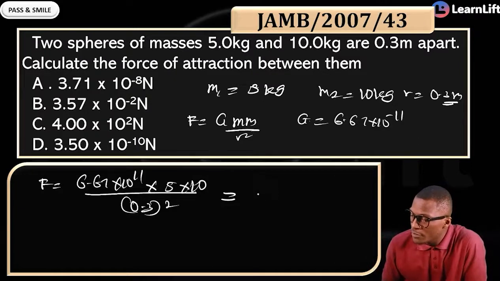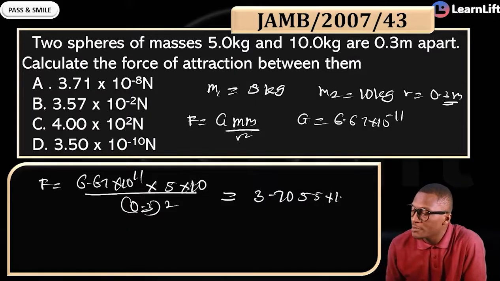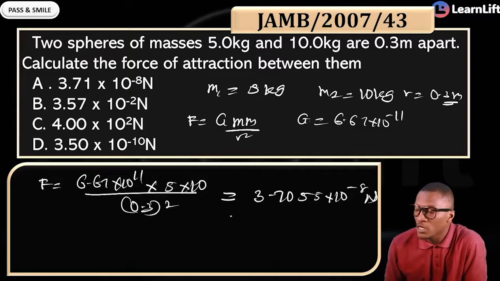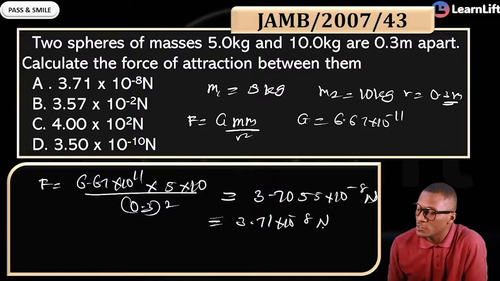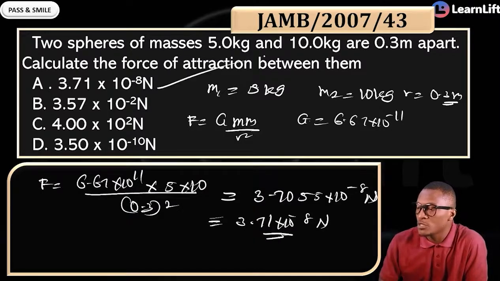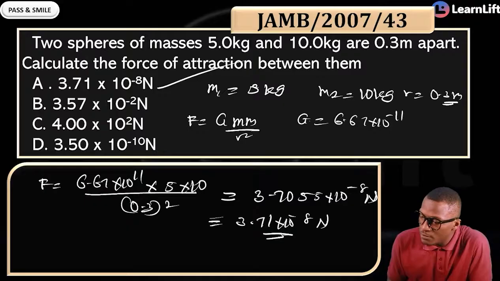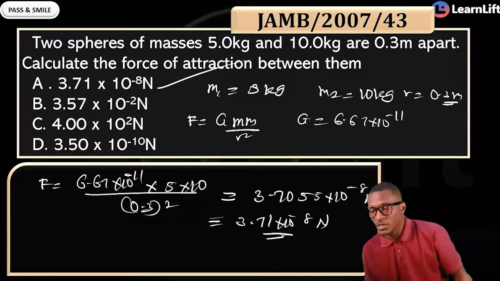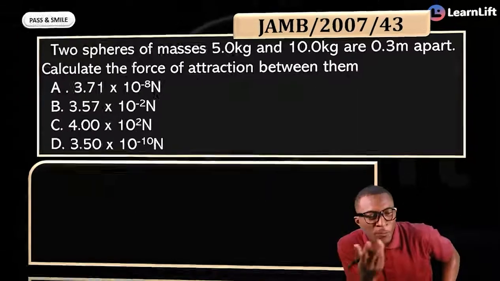So this becomes 3.7055 times 10 raised to power minus 8 newton. And if you round that very well, this is 3.71 times 10 raised to power minus 8 newton. And that will be our option A. Don't forget this is minus. Okay, that was how to solve it. Do you understand that? I hope you are catching it.